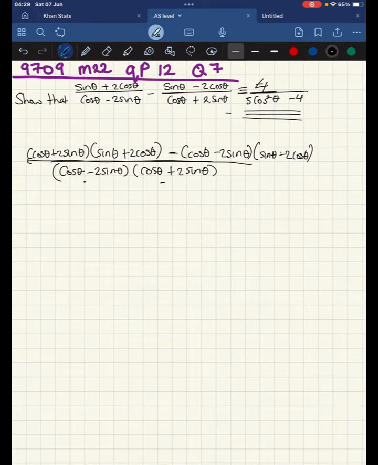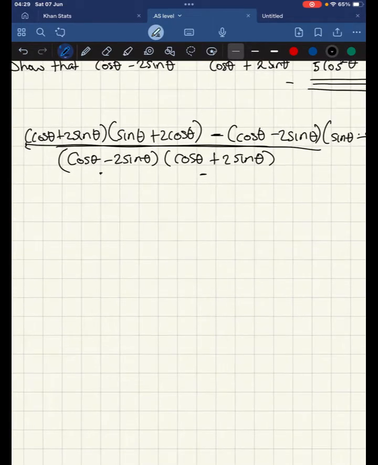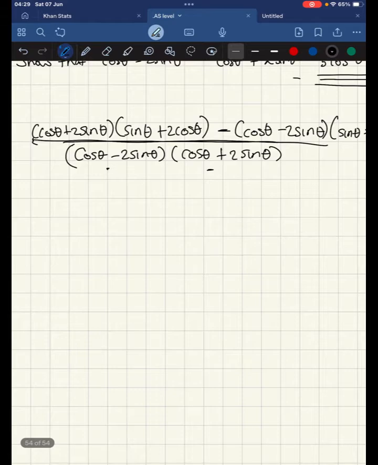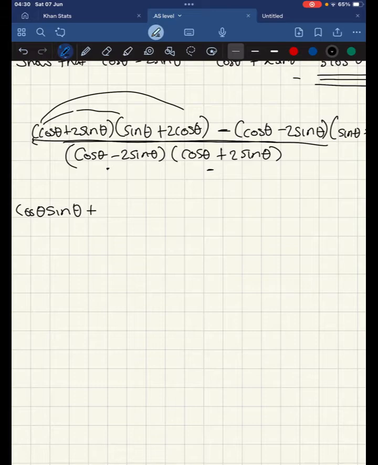Okay, and then from there we start to expand out, right? So we'll expand on the top. So this becomes cos theta sine theta, which is this. Then we do that, it's going to be plus 2 cos squared theta. Then we do this one.